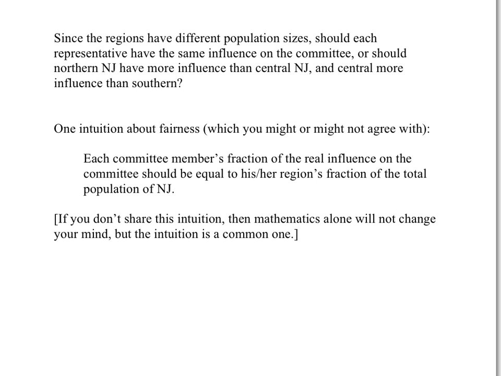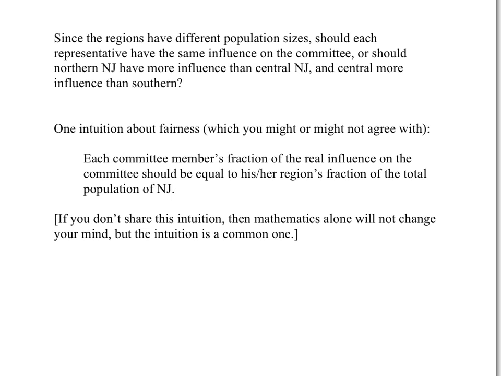Since these regions have different population sizes, we can ask, should each representative have the same influence on the committee? Or should northern New Jersey have more influence than central, and central more influence than southern? Well, one intuition about fairness, you might or might not agree with this, is that sure, northern should have more influence than central because it has a greater population, and central should have more influence than southern because it has a greater population.